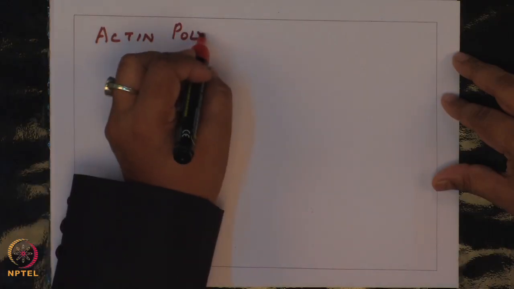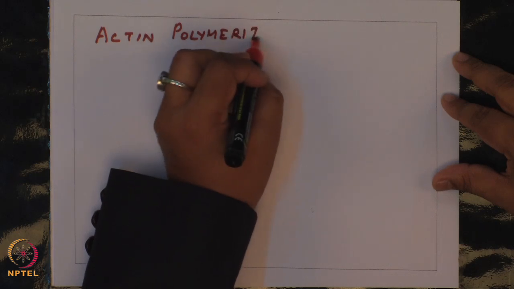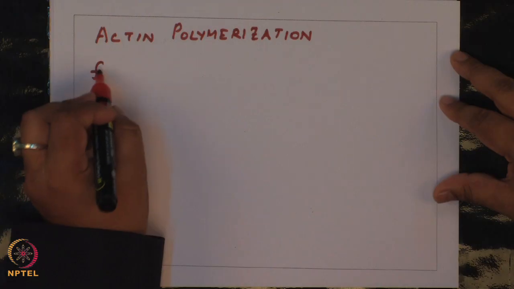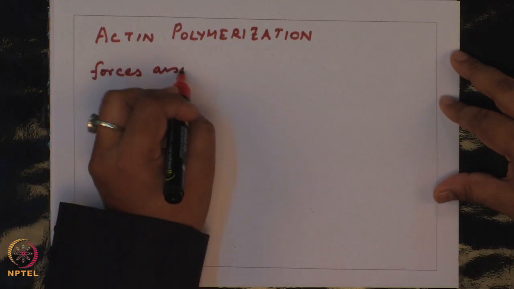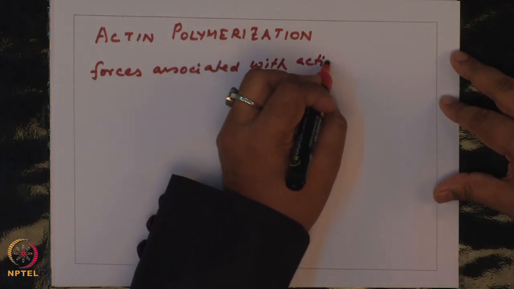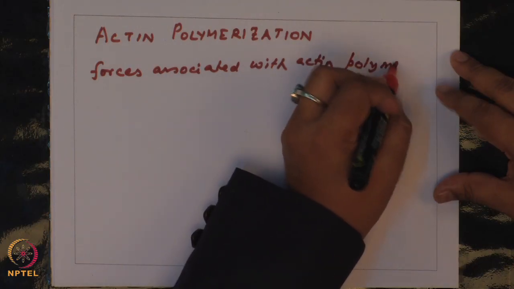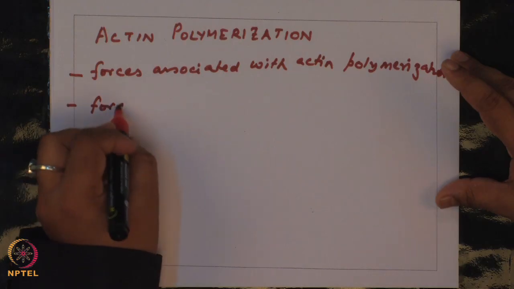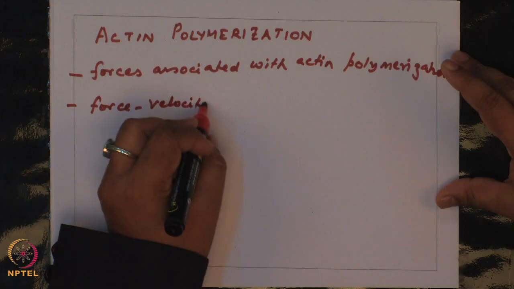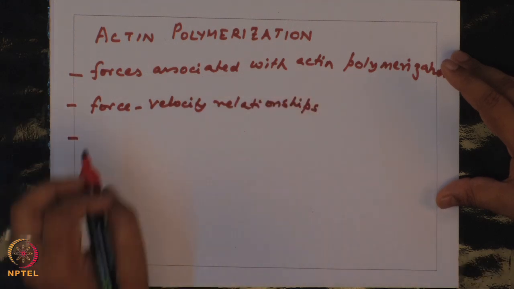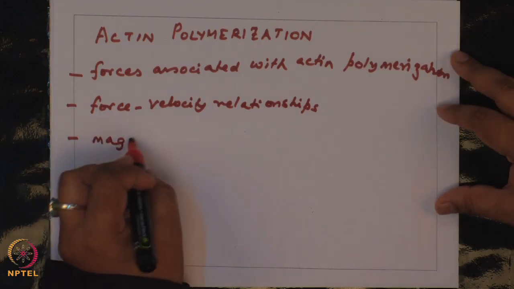We were talking about actin polymerization and trying to understand how we can quantify the forces associated with actin polymerization and the nature of force velocity relationships, and calculating the magnitude of the stall force.